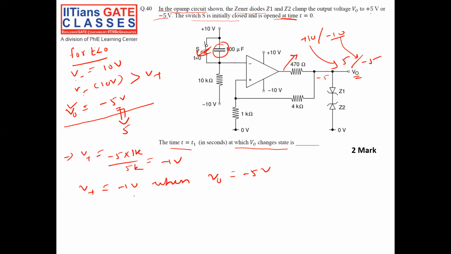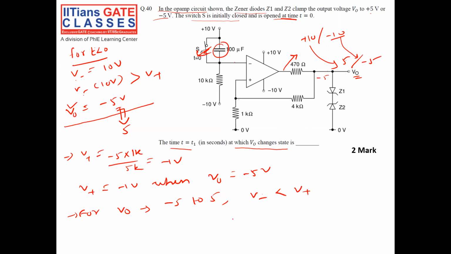So in order for V0 to go from -5 to +5, my V negative has to be less than V positive.